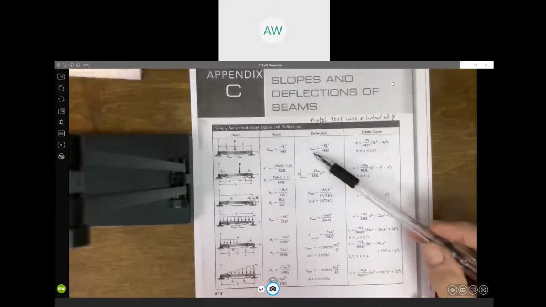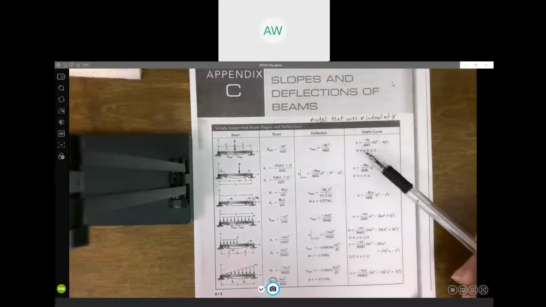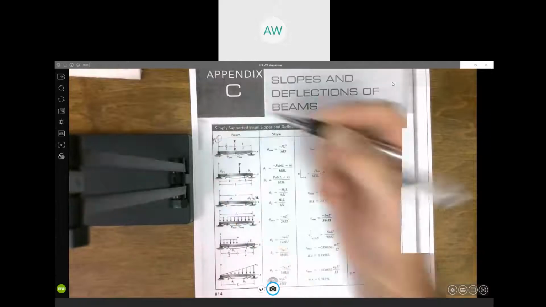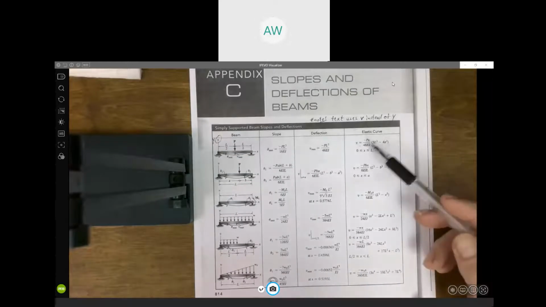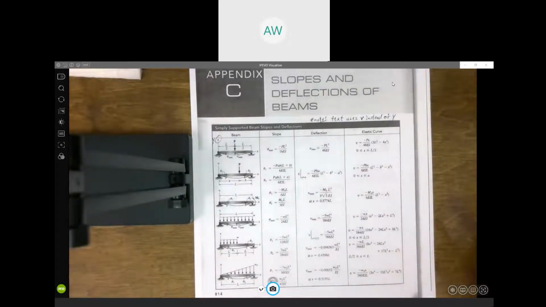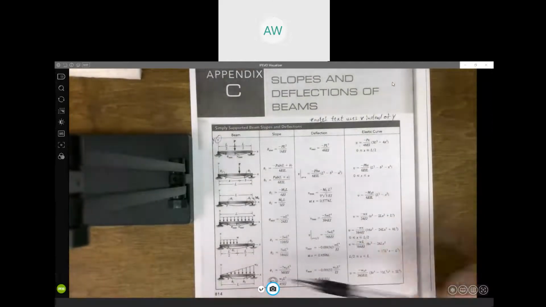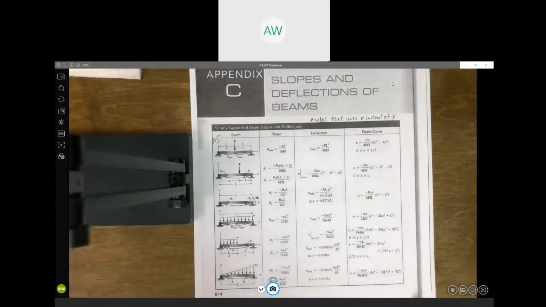When you look at this, you'll see it's V max and V. That's what we've been calling Y. I don't know why it's using V here instead of Y, but I'm going to use Y because when I see V, I'm thinking shear force. But anyway, we've got this nice table. It's got the results for these 6 different cases. Now, there are much more extensive tables out there where you can find a lot more than 6, but this gives you a good sampling.